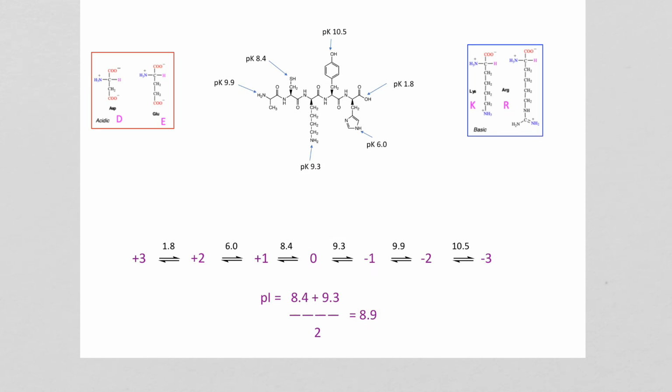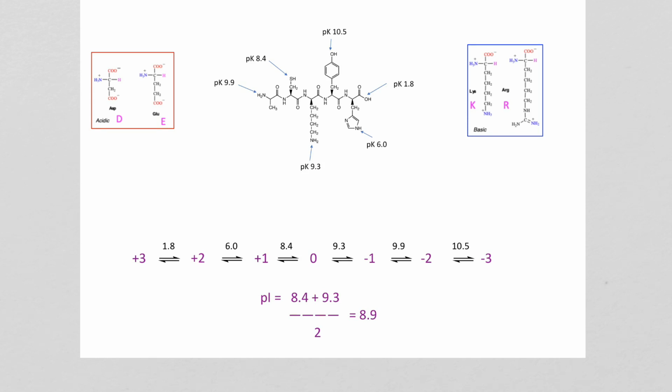So this means that if I take this polypeptide chain and place it in a pH of exactly 8.9, 100% of all these polypeptide structures will have a net charge of 0.